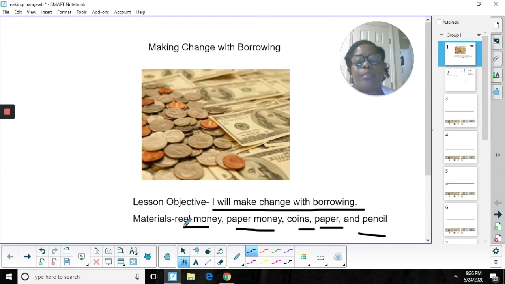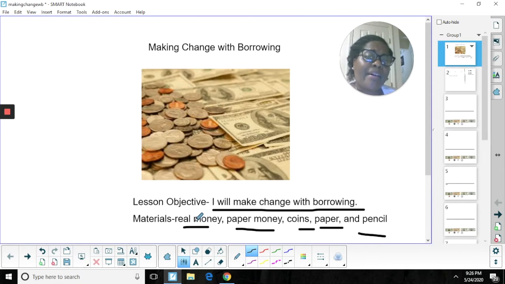Now, the real money and the paper money is an either-or situation, okay? If you have real money in the house, I would prefer that you use that over the paper money because the real money is what you're going to be using when you go to the store.